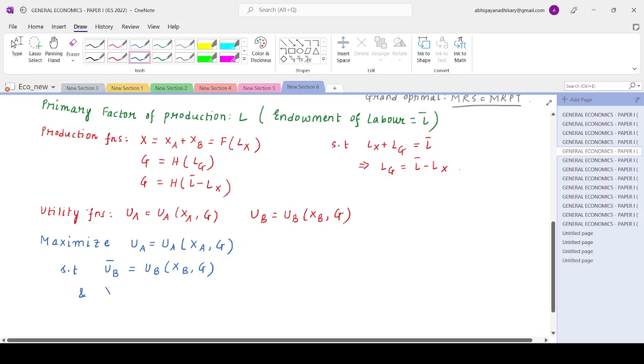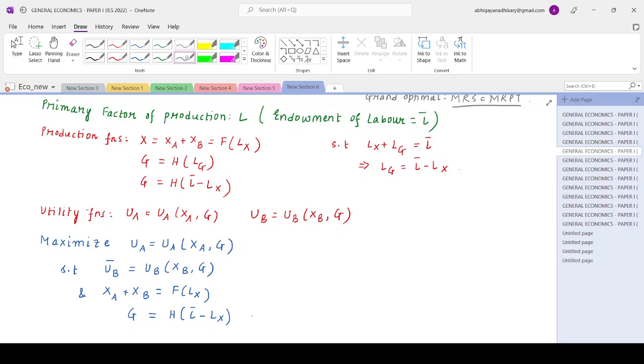The total demand for good X, XA plus XB, should be equal to the production of good X, and the demand for G has to match the production of G. So this is what it is.